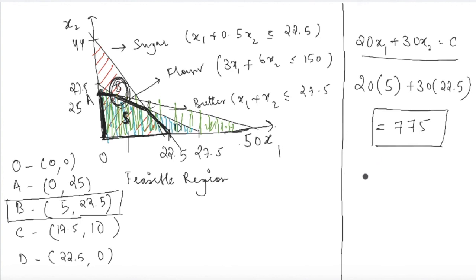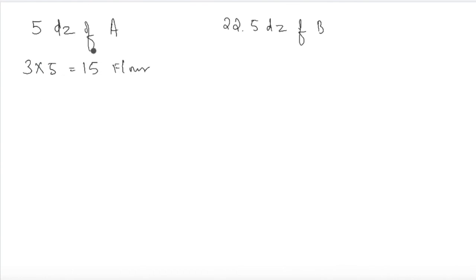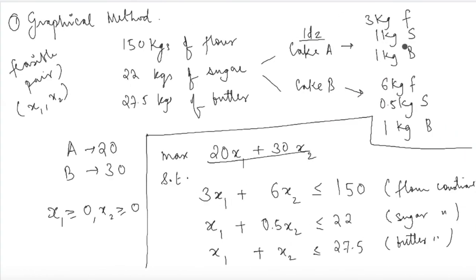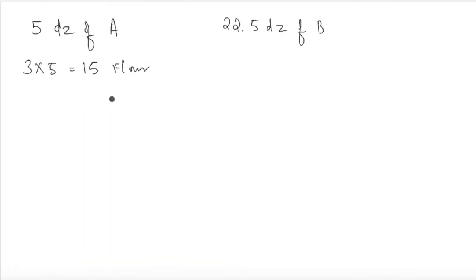And if you now look at the amount of resources that he is left with, you notice that to produce 5 dozens of cake A and 22.5 dozens of cake B, he is using 3 into 5, 15 units of flour, and since he required 1 unit of sugar and 1 unit of butter, he's using 1 into 5 kilograms of sugar for cake A and 5 kilograms of butter.